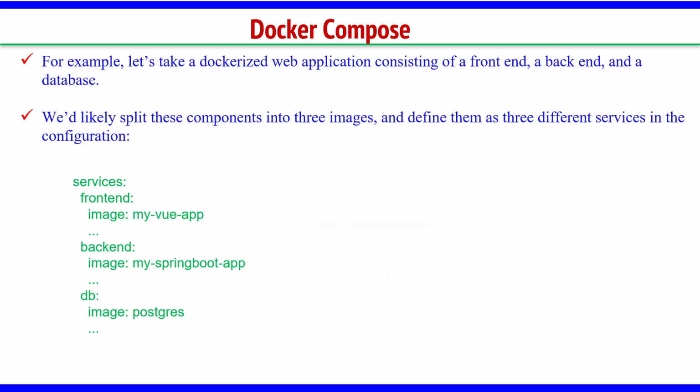Okay, let me show you here. Using a single Docker Compose file, I am giving the front end image, the back end image, and the database image. We are not creating images here, we are giving the name of the image, following the name and tag format.